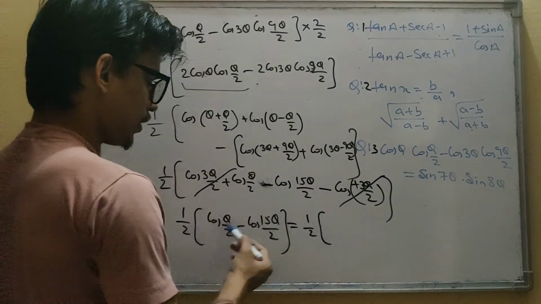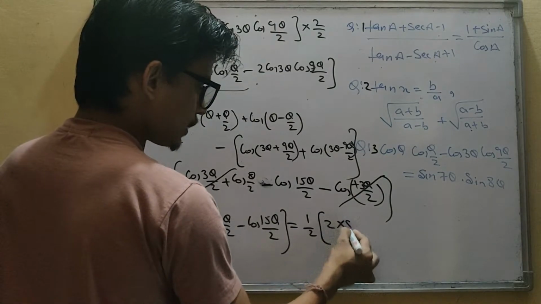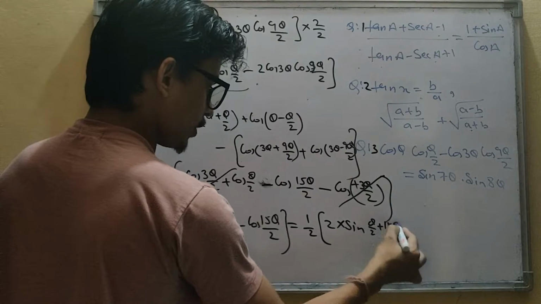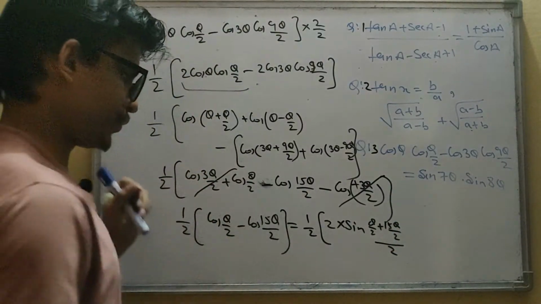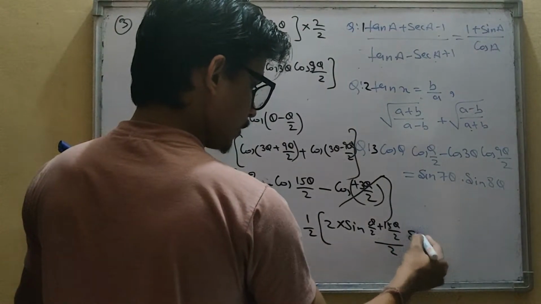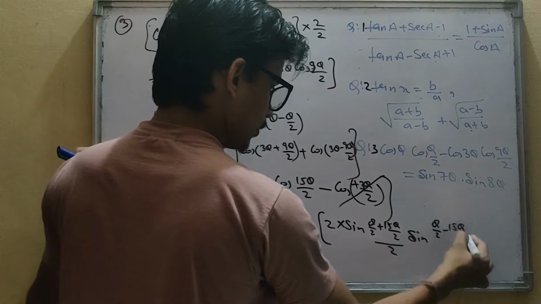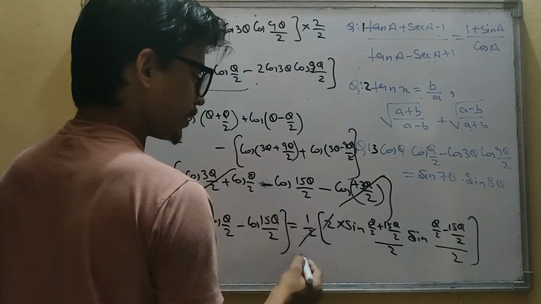Now let's apply them. Cos c minus cos d is 2 sin((c + d) divided by 2) sin((c - d) divided by 2), so theta by 2 plus 15 theta by 2 divided by 2, and then theta by 2 minus 15 theta by 2 upon 2. The 2 will be cancelled out with this.